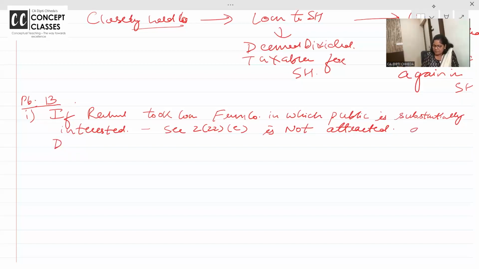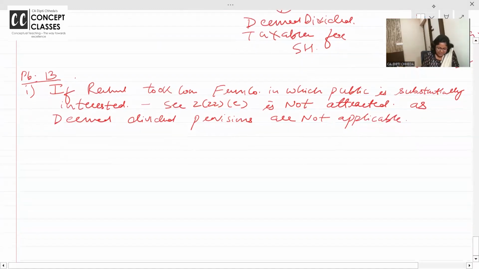As deemed dividend provisions are not applicable. Let's go together.